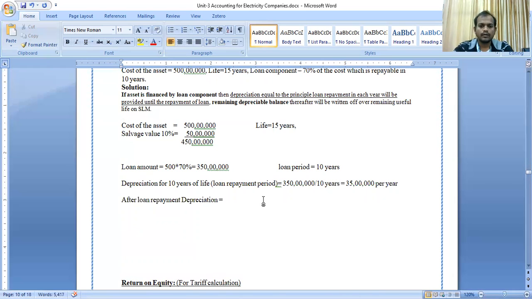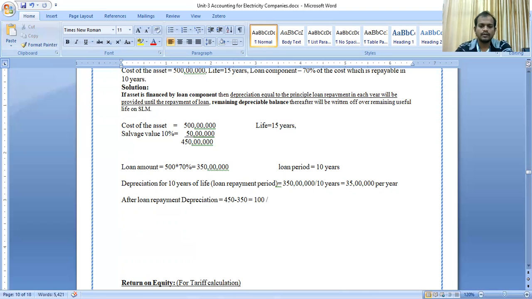How much value is left? 450 lakhs, which is the depreciable value of the asset, minus 350 lakhs. So 450 lakhs minus 350 lakhs comes around 100 lakhs.